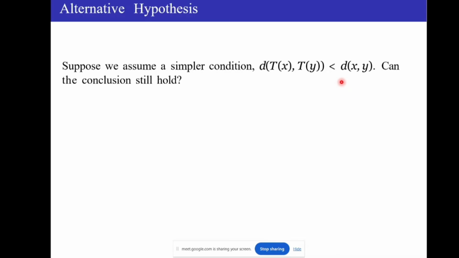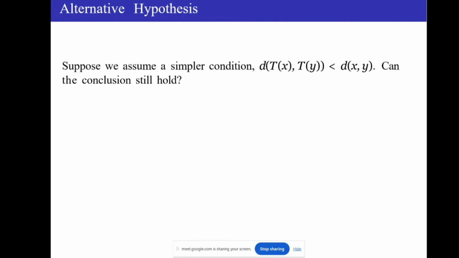Is this sufficient to get the same results as what we had in Banach contraction principle? That is our next point of interest. Obviously we feel that the result is not true, we do not have the conclusions.